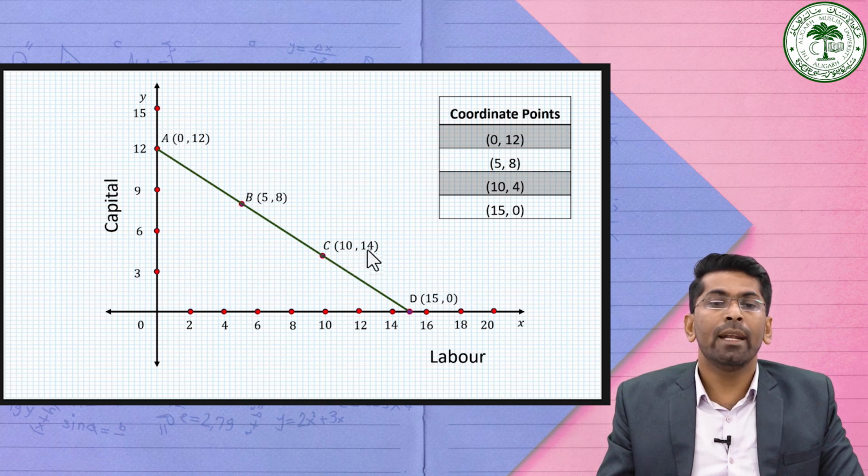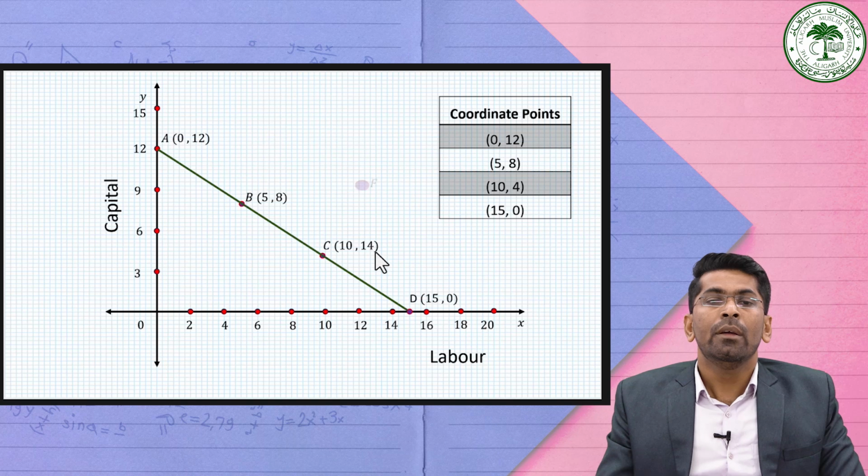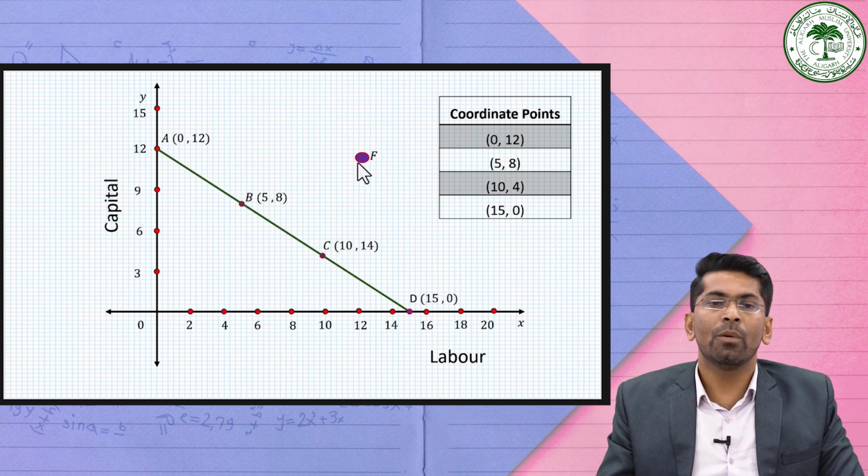By using this particular isocost line, these are the various possible purchases of the commodities that a producer can make with his given level of income. Consider a point here, point F, which cannot be purchased because it is beyond the boundary of the isocost line.